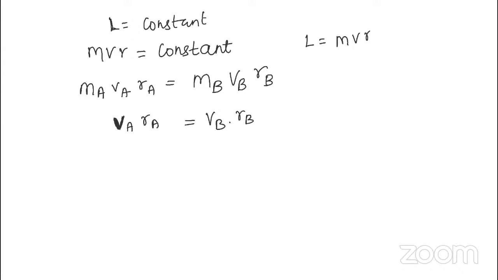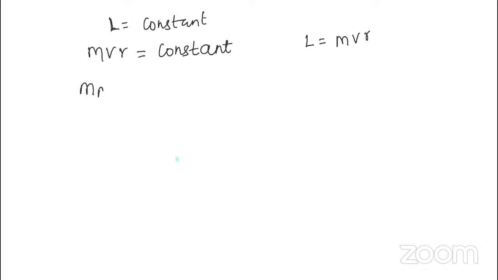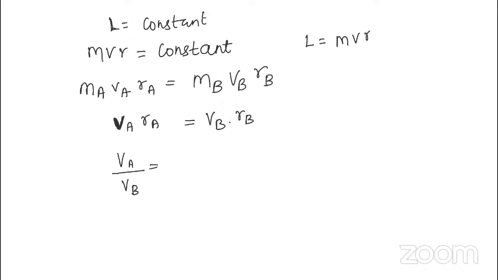Then we can relate VA by VB is equal to RB divided by RA. So this is our conclusion.